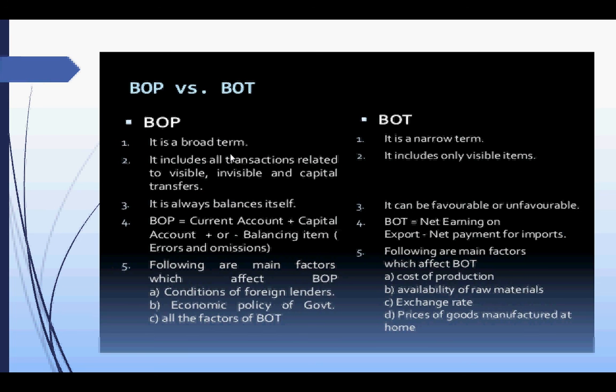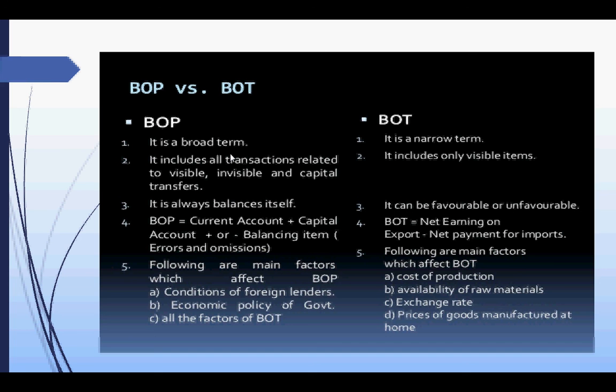So third difference, BOP always balances itself, but BOT can be favorable or unfavorable, it cannot balance itself. Fourth, BOP is equal to current account plus capital account plus or minus balancing items, errors and omissions. Okay, and BOT is net earnings on exports minus net payments for imports.